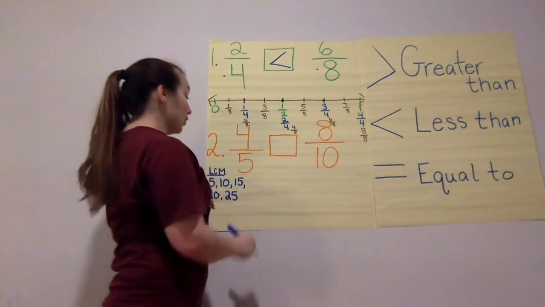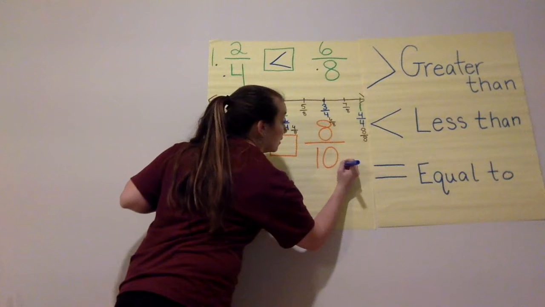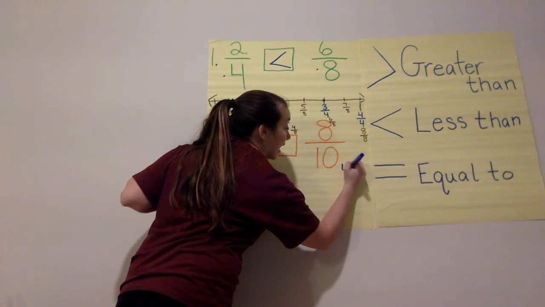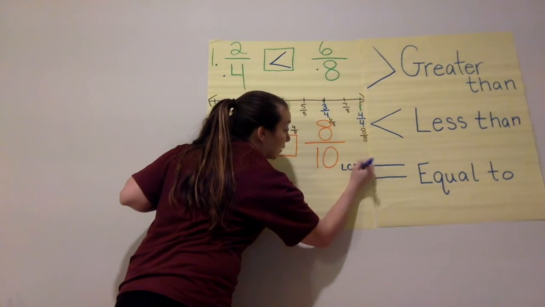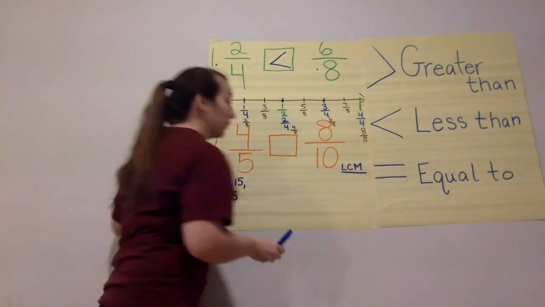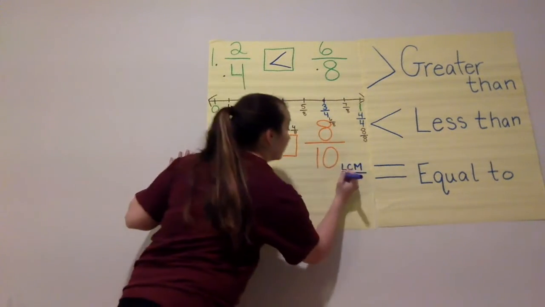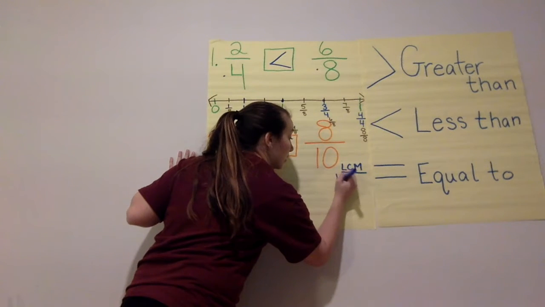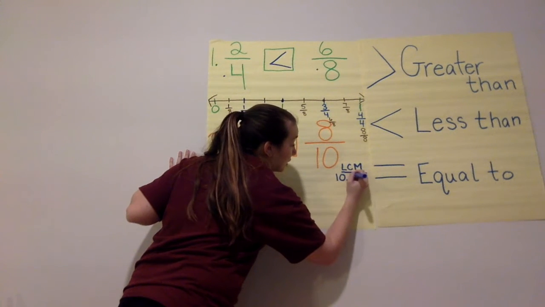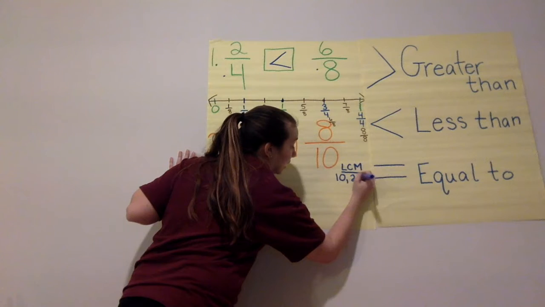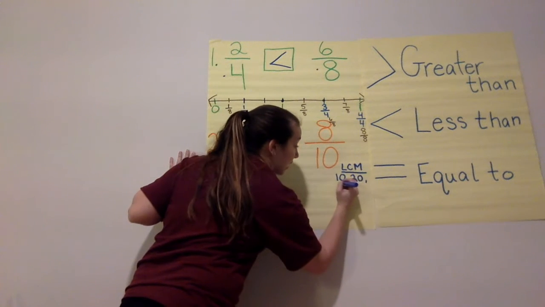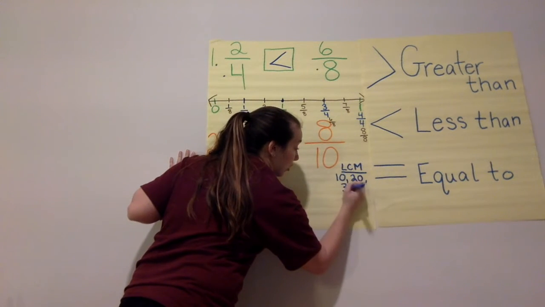And now I'm going to move to our multiples of 10. All right, and we're going to do the same thing over here. We know 10 times 1 is 10. 10 times 2 is 20. 10 times 3 is 30.